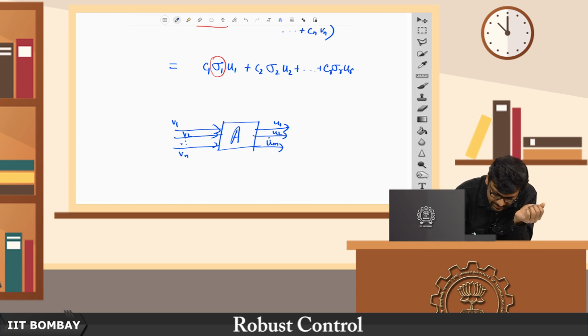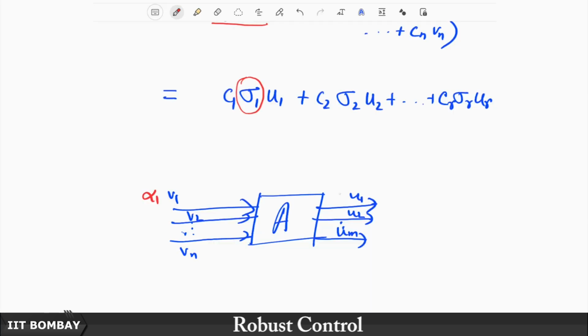The moment I say that there is this component, say, let me use a different color. So this is, let us say, a component alpha 1 along V1, then correspondingly in the output I will see that this is reflected as a component alpha 1 times sigma 1 times the component along U1.